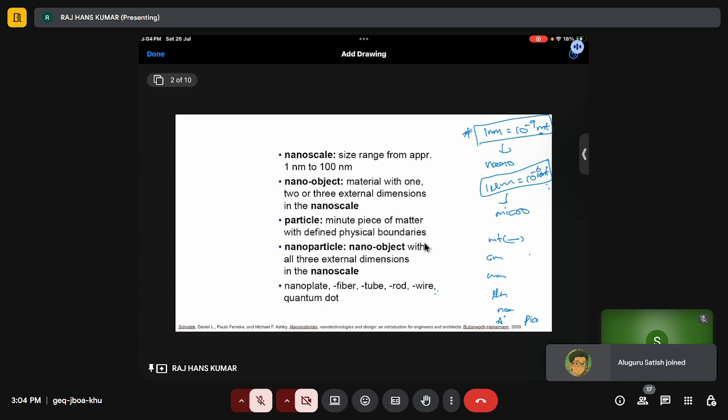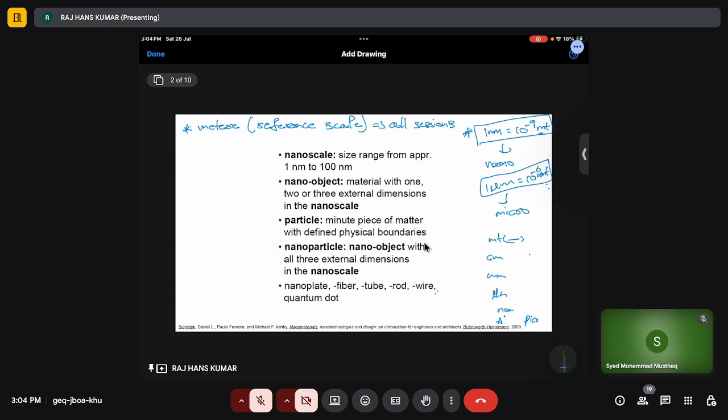Let me mention it here: meter is our reference scale in all sessions.